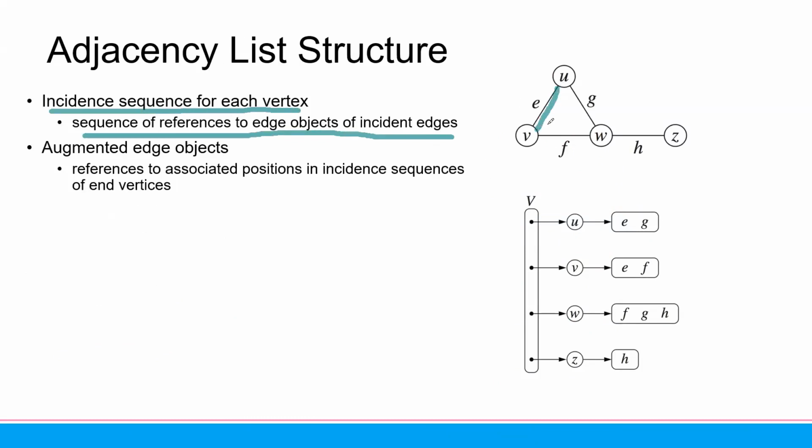If we have the information about V, then I will have E and F as the incident edges. If I have U, I will have E and G as the incident edges.